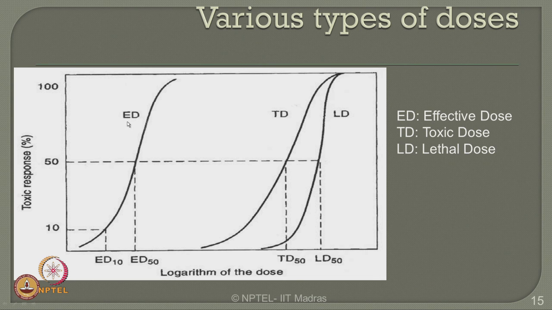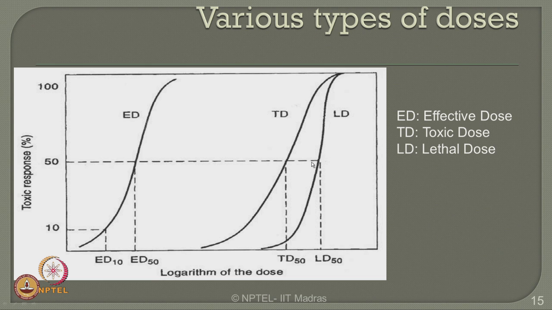Now, as far as ED, TD and LD are concerned, there are some standards called TD50, LD50 and ED50. It is very simple: the corresponding dosage of that effective dose will be a toxic response in 50% of the population. So, 50% of the population toxic response is projected to the respective curve and then projected vertically to get the corresponding dose which is responsible for a toxic response of 50%, and the dose can be either effective, toxic, or lethal.